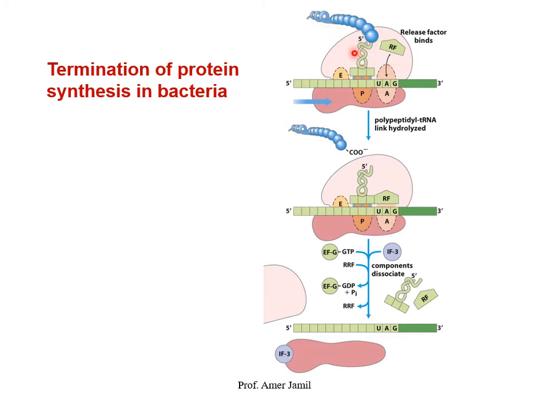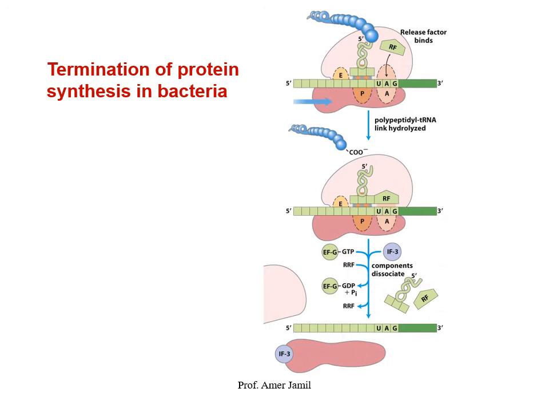and this polypeptide chain is being synthesized until a stop codon comes here. So if any of the three stop codons comes, there is no corresponding tRNA for these stop codons. Instead of that, release factors bind at this place. When this release factor binds to this place, the whole thing falls apart.